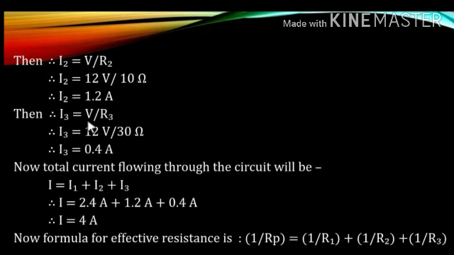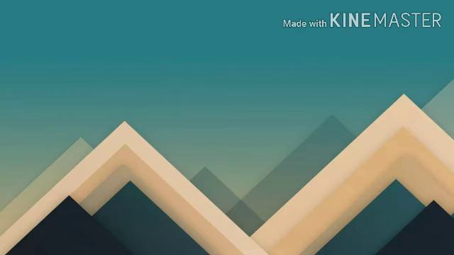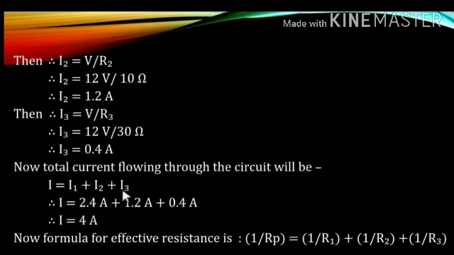Now V is potential difference, that is 12 volts, divided by R3, that is 30 ohm, and now the current flowing through the third resistor is 0.4 ampere. Now total current flowing through the circuit will be I is equal to I1 plus I2 plus I3. Here I1 is 2.4 ampere, I2 is 1.2 ampere, I3 is 0.4 ampere, and by summation we will get I, that is total current is equal to 4 ampere.